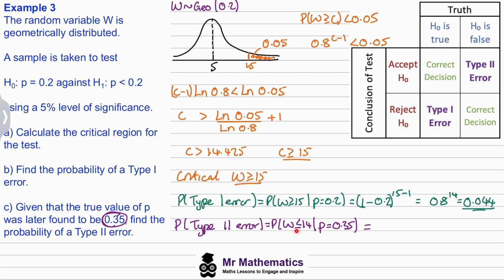And because W is less than or equal to 14, we calculate this as 1 minus 0.35 to the power of that 14. So we want 1 minus the 0.65 to the 14, which gives us 0.9976 to 4 dp.